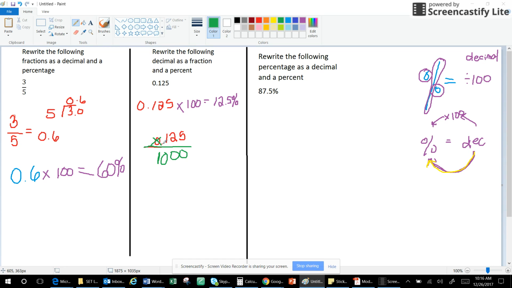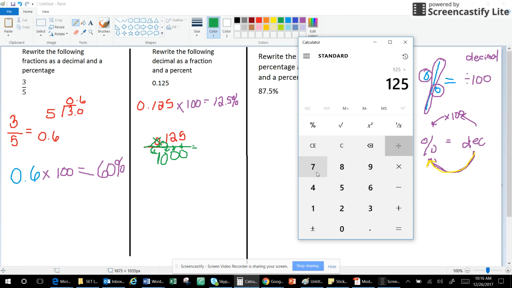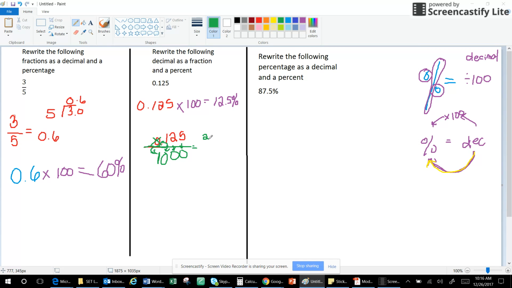So I know 5 is going to divide into both of those. So 125 divided by 5 is 25. 1,000 divided by 5 is 200. And now I'm at something where I'm like, oh, 25 is going to go into both of these. I can actually see that pretty easily.